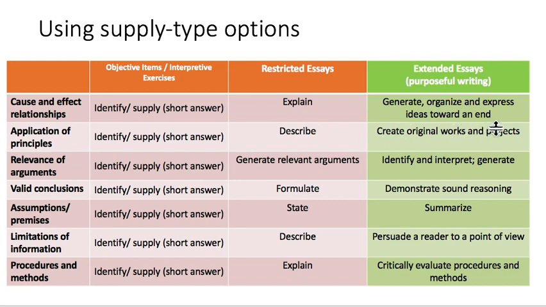If I'm going with an extended essay, I might ask them to describe how these different relationships provide an equilibrium within an ecosystem, right? All the three different types of symbiotic relationships, and maybe having them integrate it with adaptation and competition, maybe, right? It gets more complicated, and I will be expecting broader results from them.